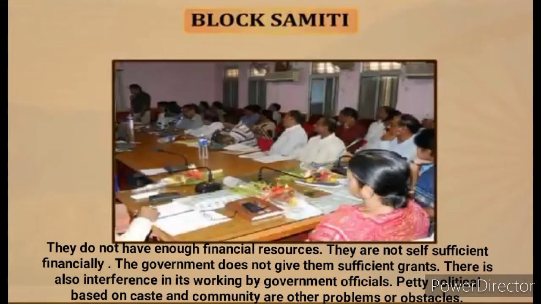Many times Gram Panchayats also suffer from shortcomings, such as they do not have enough financial resources or sufficient funds for their development programs or for their welfare works. Though Gram Panchayats levy taxes, these are not enough to fulfill their welfare needs or their developmental needs.